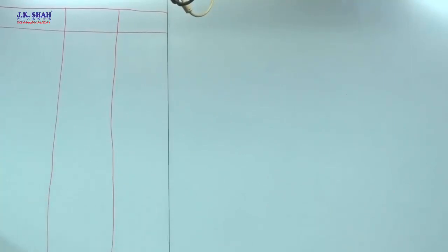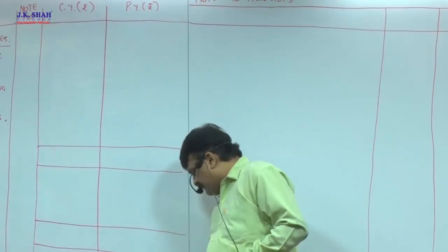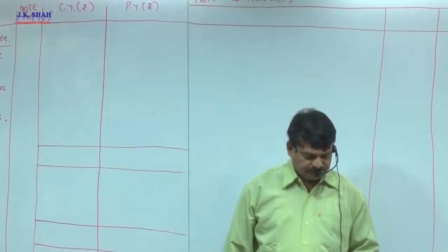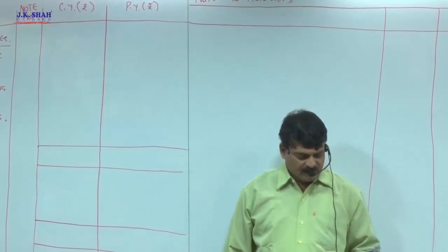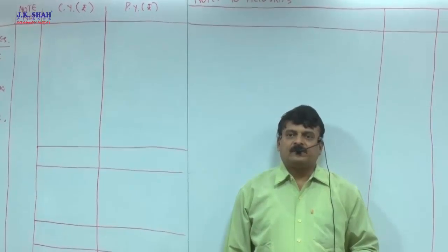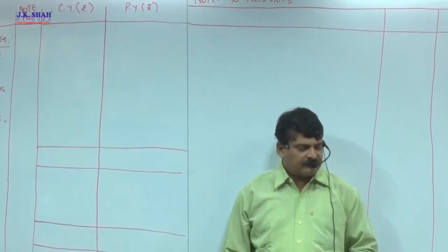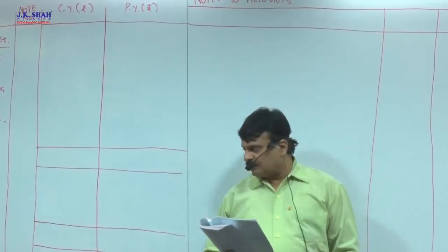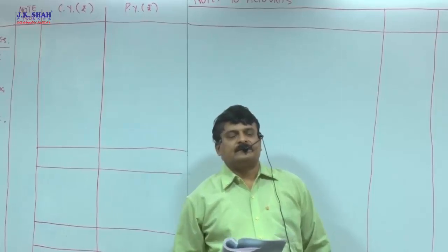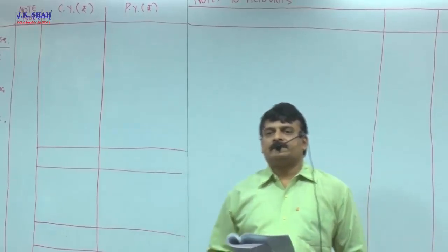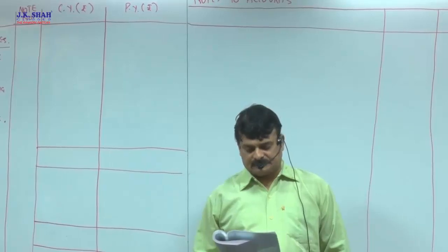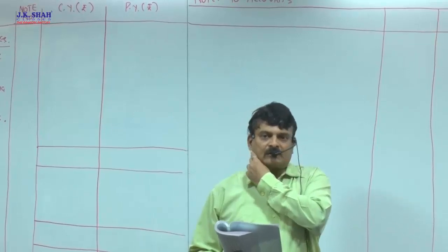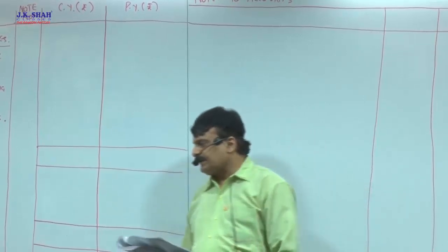D, cash and cash equivalents. E, short-term loans and advances. F, other current assets.